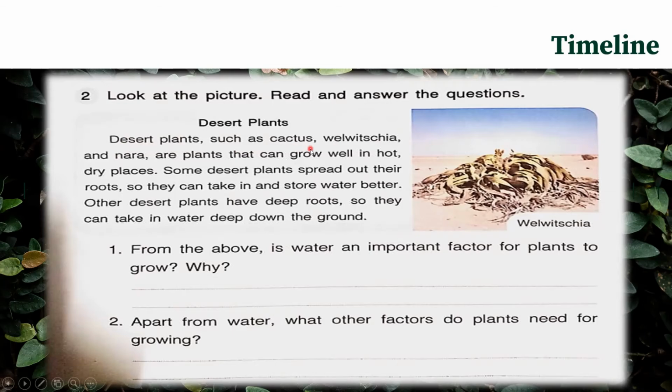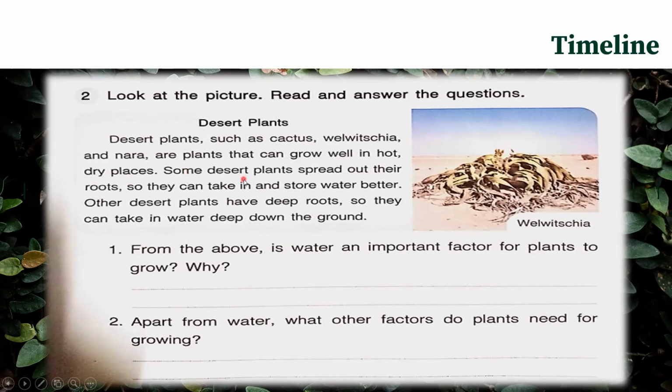Desert plants such as cactus, velvetua, and nara are plants that can grow well in hot, dry places.